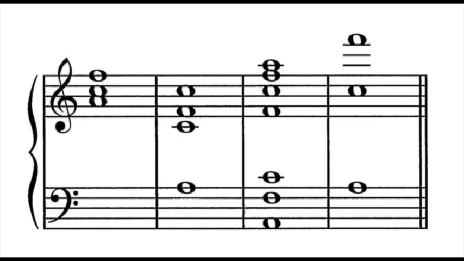So we can see that in all these examples, A is the lowest pitch. In the first one, the A is in the treble clef. In the second one, the A is on the top line in the bass clef. In the third one, the A is in the bottom space of the bass clef, and then we're back to that top line. The rest of the notes are different in every single one of them, and of course will sound different, like this.